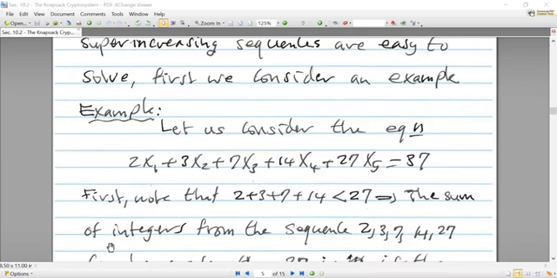All right, the first thing you will notice is that the sum of the first four coefficients, x1 up to x4, is actually less than 27.